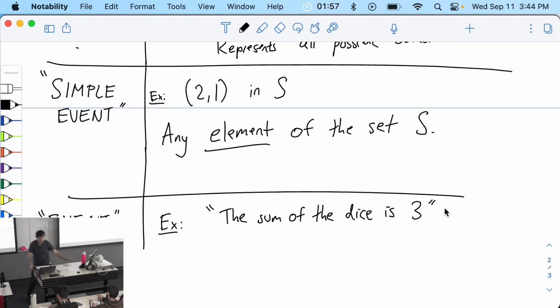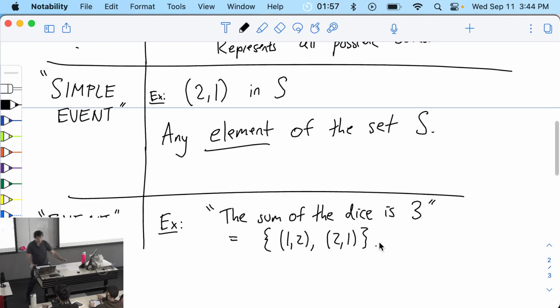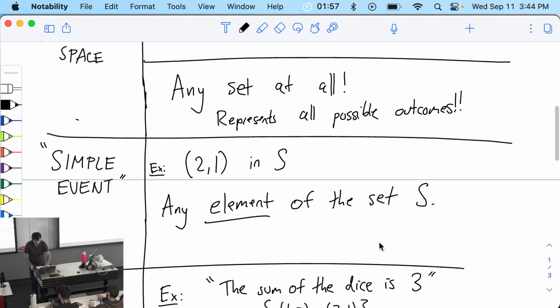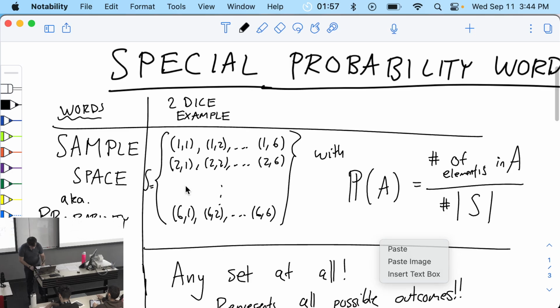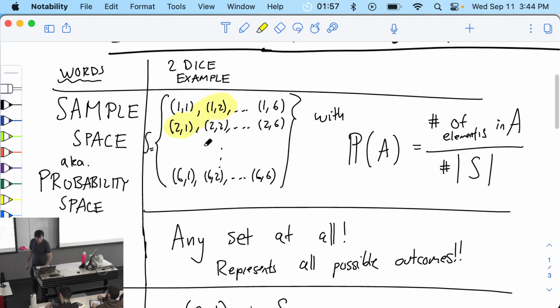That was the problem we started with last class. This is the event where it actually has 2 elements in it, 1, 2, 2, 1. And it's a subset of the space S. So you can kind of think about it. You can highlight, for example, the parts that are in the subset. So it's some collection of the elements, not all of them, but more than one.